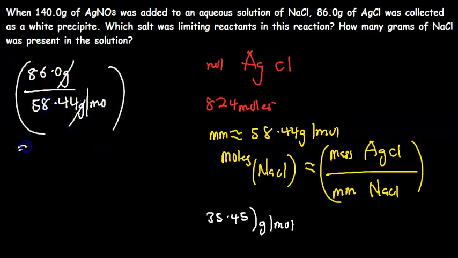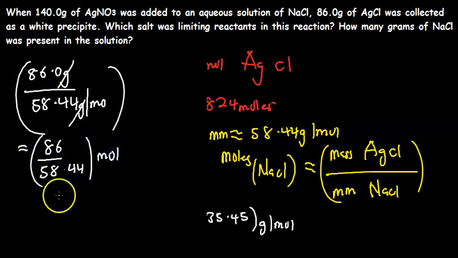Let's just put 86 divided by 58.44. Everything is simply going to be moles. If you divide 86 by 58.44, this is simply going to be 1.472 moles. So from the stoichiometry, 1 mole of sodium chloride produces 1 mole of silver chloride.